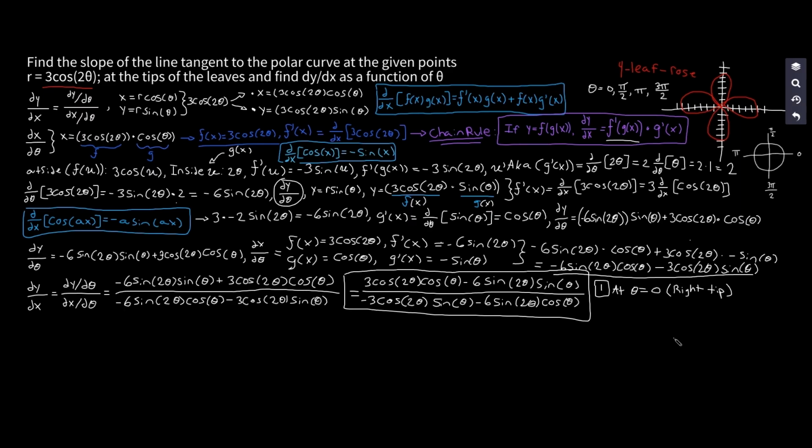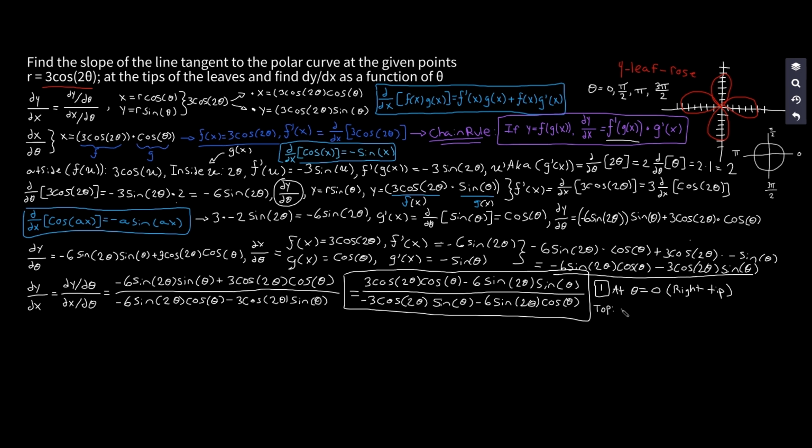Well, at the top, we're plugging in 0, and we're plugging this into the numerator of our slope machine, right?